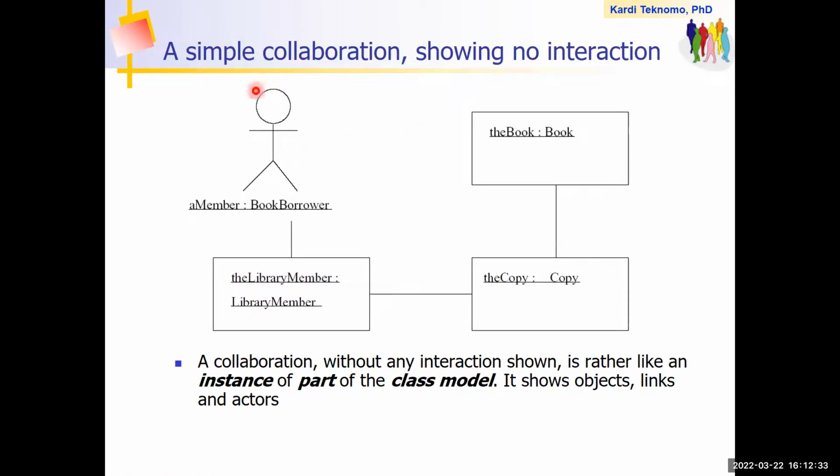Okay, probably I will give you an example here. So this is the actor, right? The actor is a member, so book borrower. The actor must be a library member, right? And then we have an association here. They want a copy. Okay, what copy? Copy of the book. So this is a simple collaboration without interaction.